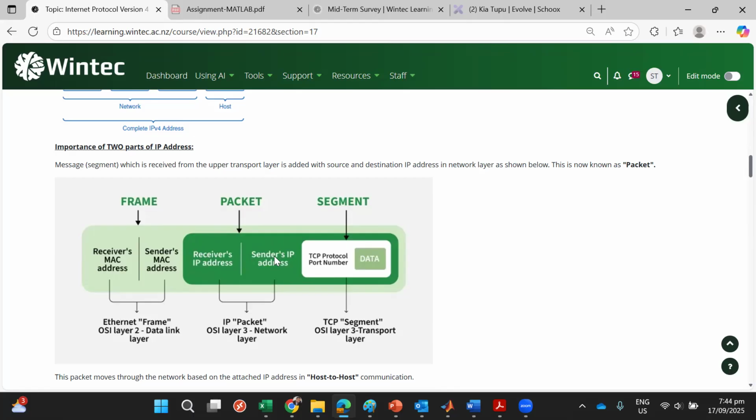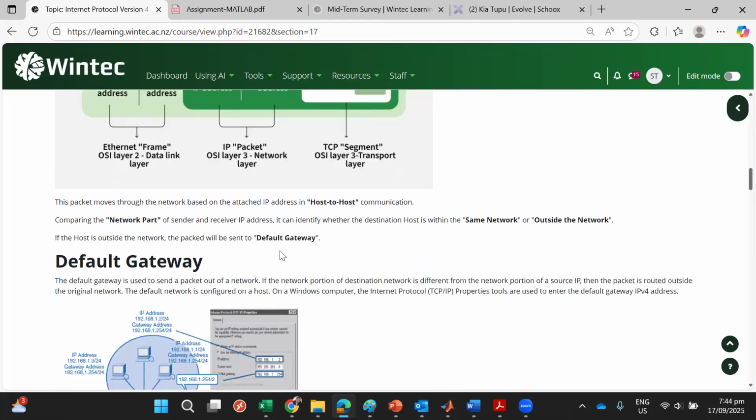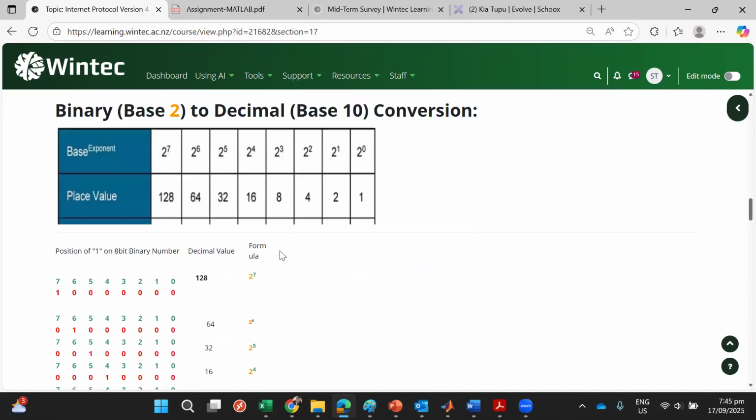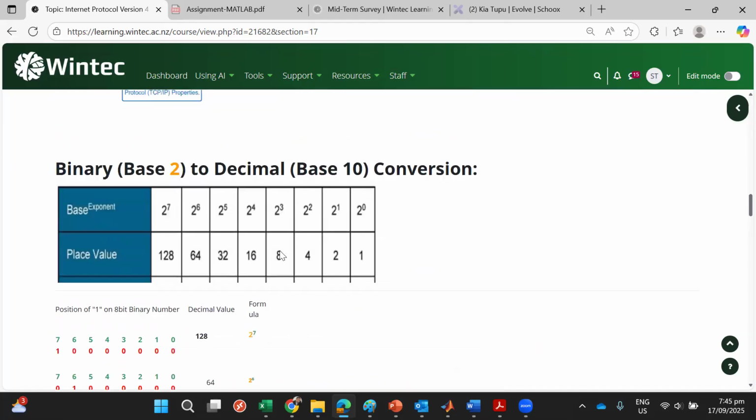If the network addresses are different, then the packet will be delivered outside the network, so it has to go through the gateway router. That is why the first thing we need to know is whether the receiver network address and the sender network address are the same or not. Okay, so that is what we have started.